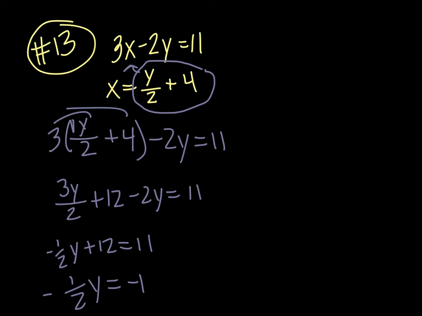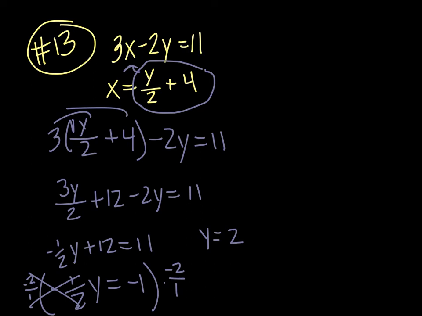But whenever you guys are trying to get rid of a fraction out in front, all you want to do is multiply both sides by the reciprocal. So if your fraction you're trying to get rid of is negative 1/2, you want to multiply both sides by negative 2 over 1. So the 2's cancel, the 1 cancels, you're left with y. And negative 1 times negative 2 is positive 2. So we have our y.